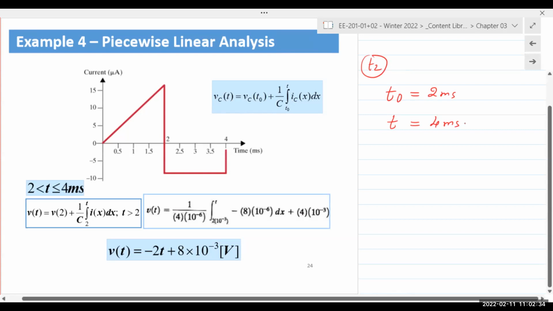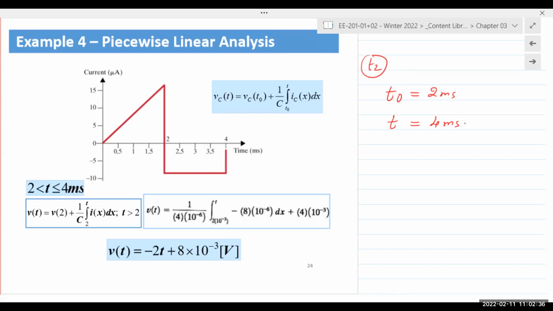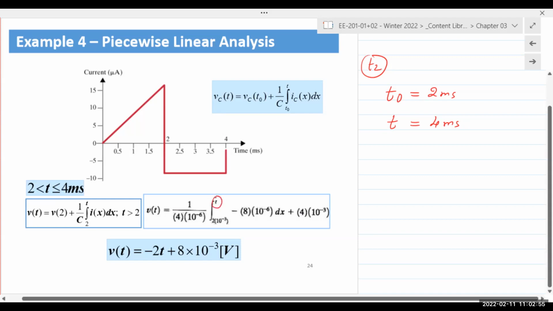So the equation for the line is 8 microamps. I solve that, and then my limits of integration are 2 milliseconds to t. Now, I'm solving as a function of time, so I'm not plugging in 4 right now. I want my answer to be as a function of time, and that's why I still keep the final limit as t. So t is in there.